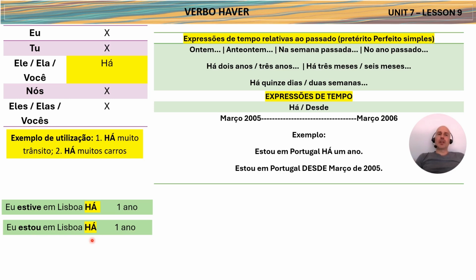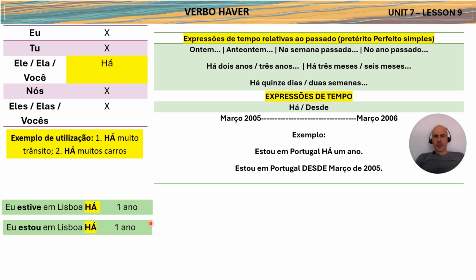How can you translate this correctly to English? And what's the translation that you think works for this word há? Okay? So please take your time, stop this video if necessary, think a little bit, write down what you think, and then come back because I'm going to show you the right translation for these two words.